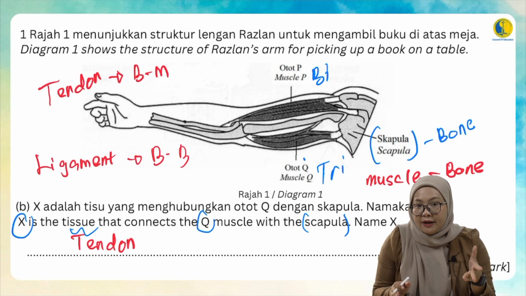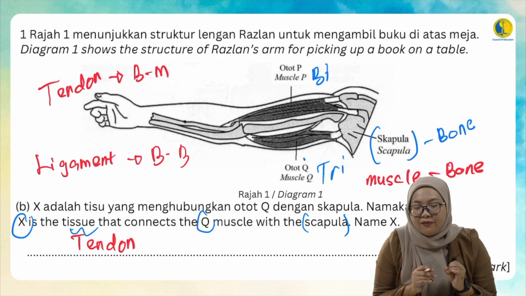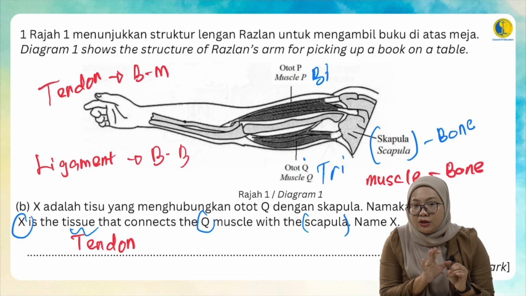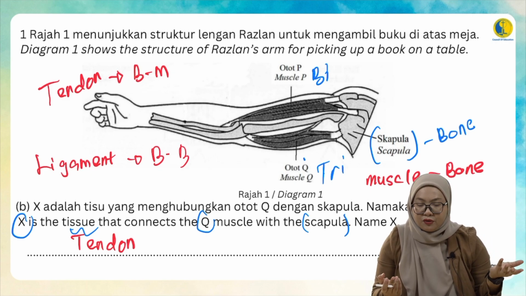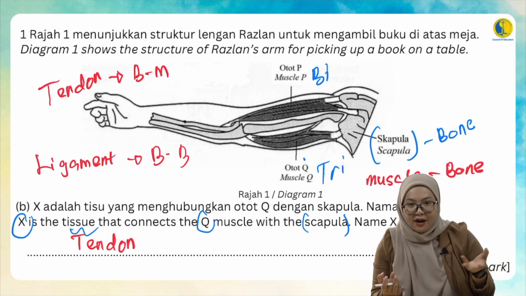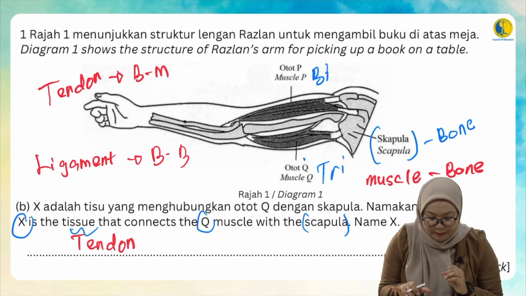If you didn't read, you can't get it. That's why for section B, it's quite difficult to get marks if you do not read the whole thing. For section A, even if you didn't read, you can find the answer in the questions. But section B, no read, no mark.